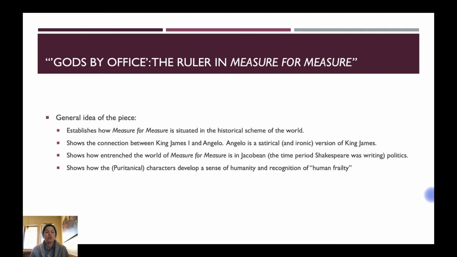It also shows the connection between King James I and Angelo. Angelo is also a satirical and ironic version of King James, also hypocritical. And it shows how entrenched the world of Measure for Measure is in Jacobean politics. It also shows how the puritanical characters develop a sense of humanity and recognition of human frailty in the play.